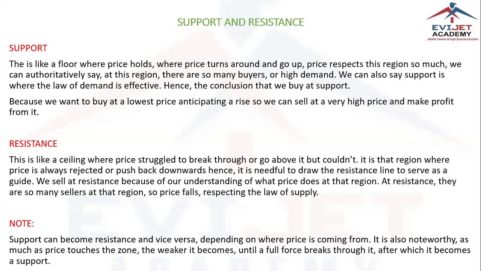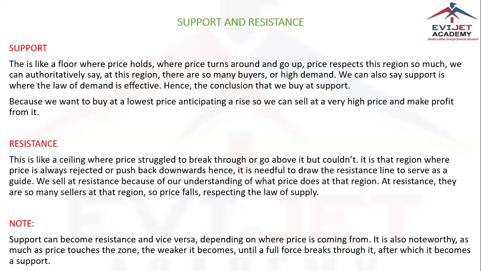Now, you have bought your goods at a low price, okay? You bought when the price was low. But over a period of time, the price has appreciated so much and you want to sell. At the same time you want to sell, plenty of other people want to sell too. So you can see that a lot of people are at that region. In this case, the supply is high.